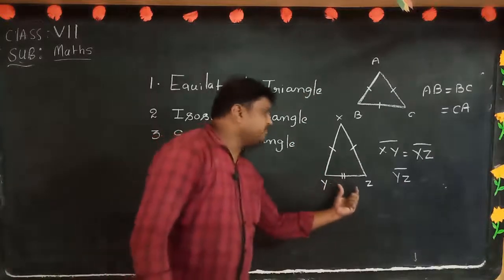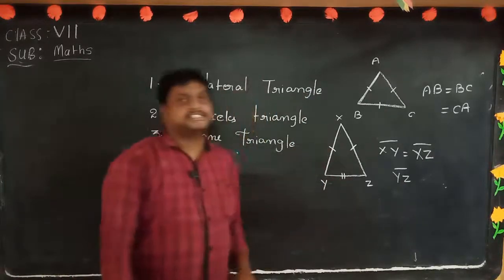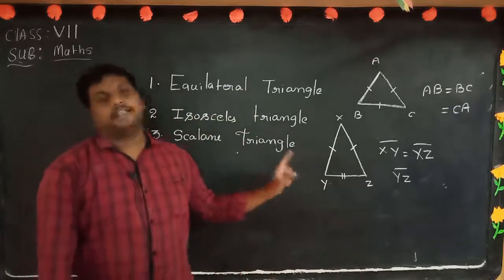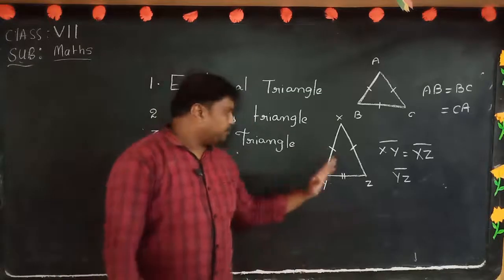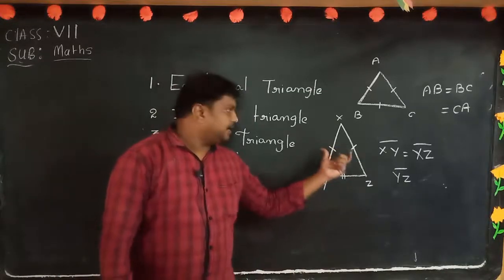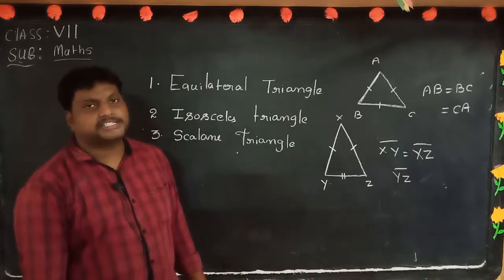See, YZ has a much smaller measurement. XY and XZ have equal length. Means in any triangle if 2 sides are equal except one, then the triangle is called isosceles triangle.